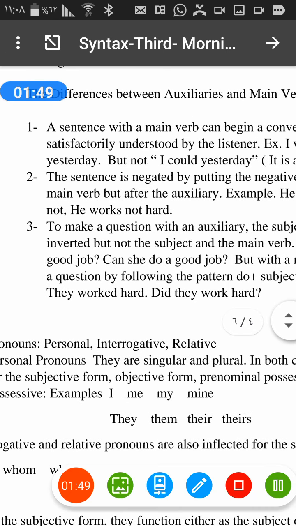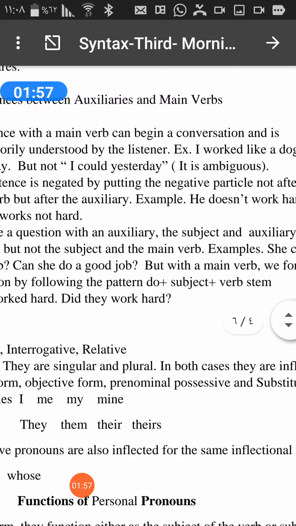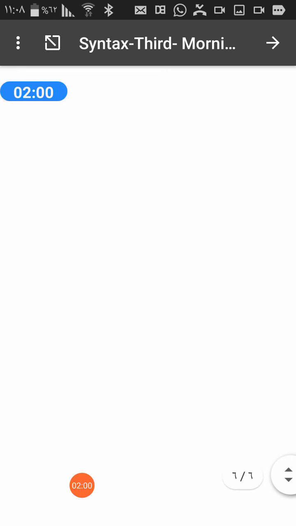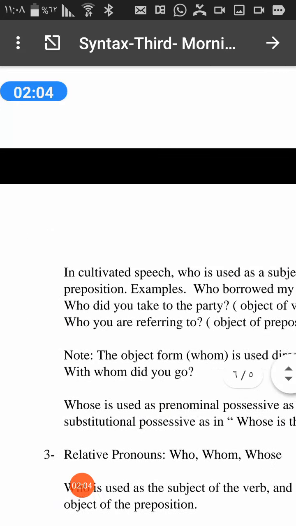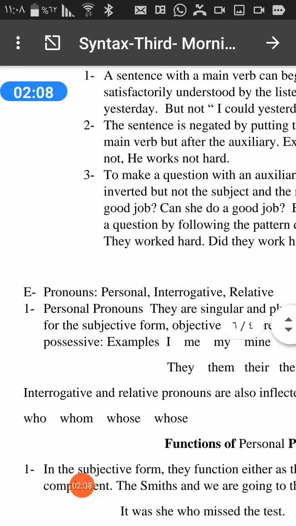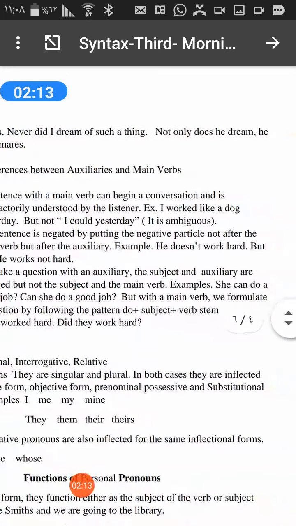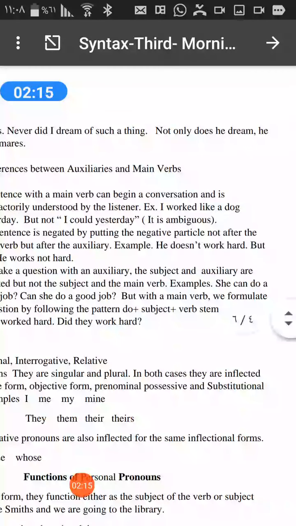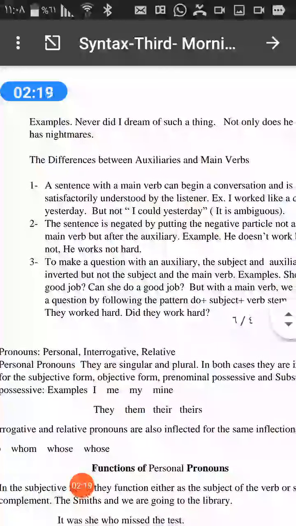الاختلاف الثاني between the auxiliaries and the main verbs is that the sentence is negated by putting the negative. الجملة تكون منفية تنفى عن طريق وضع the negative particle not أداة النفي not after the main verb.